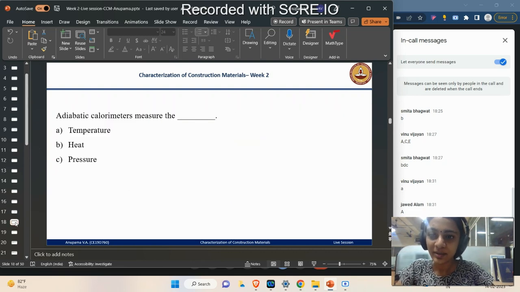Now, adiabatic calorimeters measure dash: temperature, heat, or pressure.